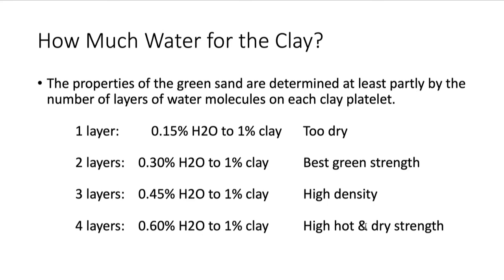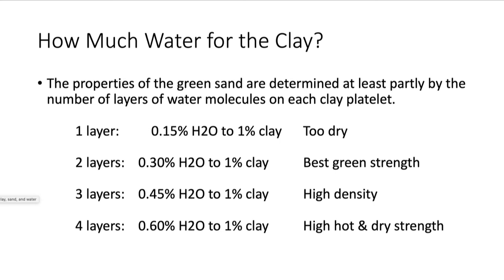That's what they used to do before they had chemical resins. They used to make sand with, I think, 15 or 20% water, and then they would dry the mold out, and it would be really strong. They don't do that anymore.